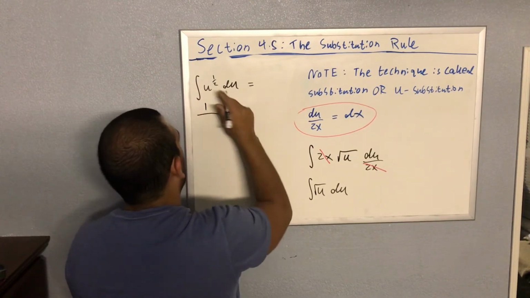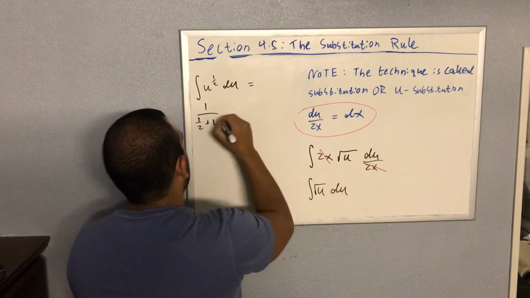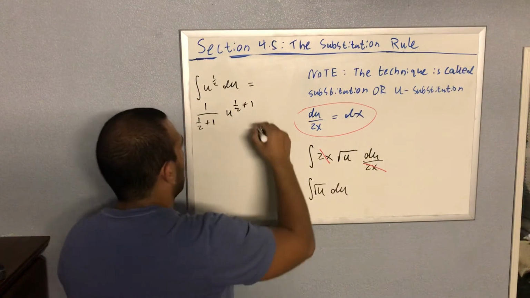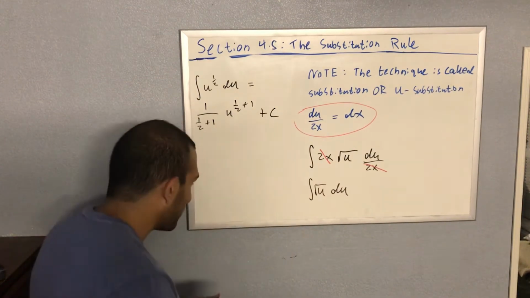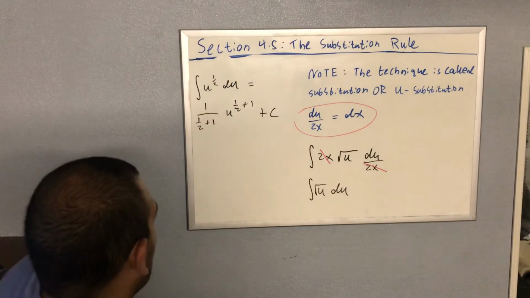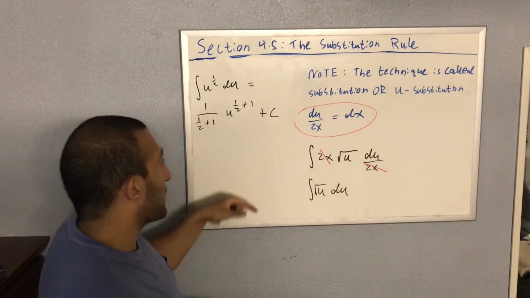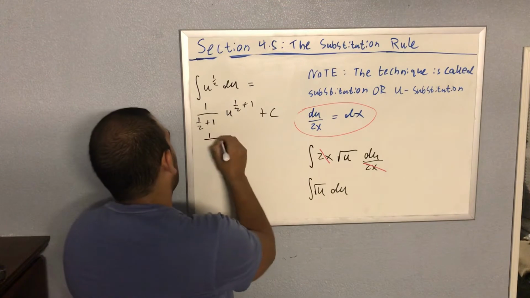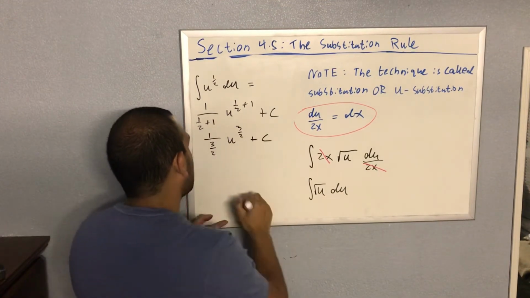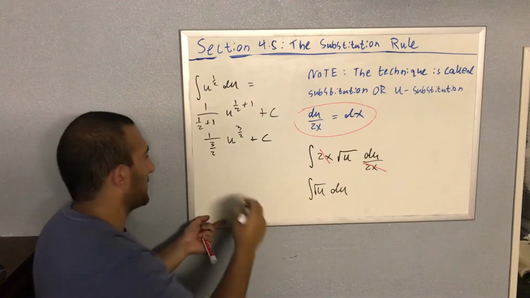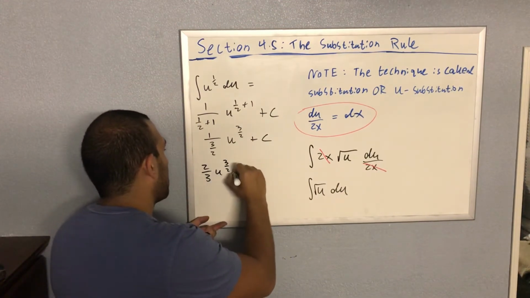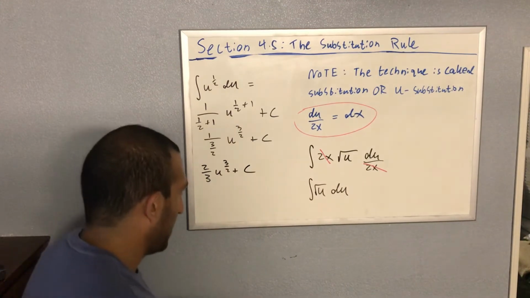You take 1 over this guy plus 1 times u to the 1/2 plus 1. That's what the power rule says, plus c again. Because this is an indefinite integral. Okay, so 1/2 plus 1 is 3/2. So we have 1 over 3/2 times u to the 3/2. And then 1 over 3/2 is just 2/3. So this is 2/3 u to the 3/2 plus c.